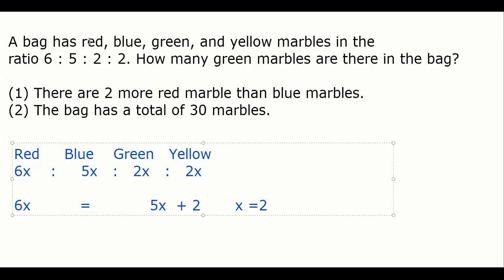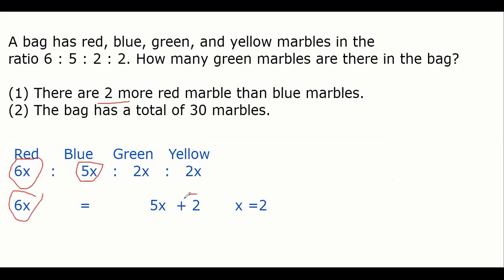Yes, sir. See, Meghna, what is this 6x? The number of red marbles, correct? And 5x is the number of blue marbles. Statement 1 says red are 2 more than blue. From that we can find x easily. If we find x, the question is how many green marbles, and we can easily find the green marbles, 4. So 1 is sufficient.